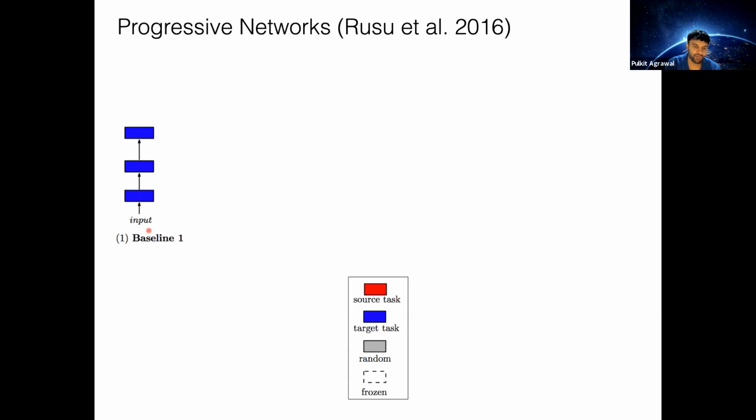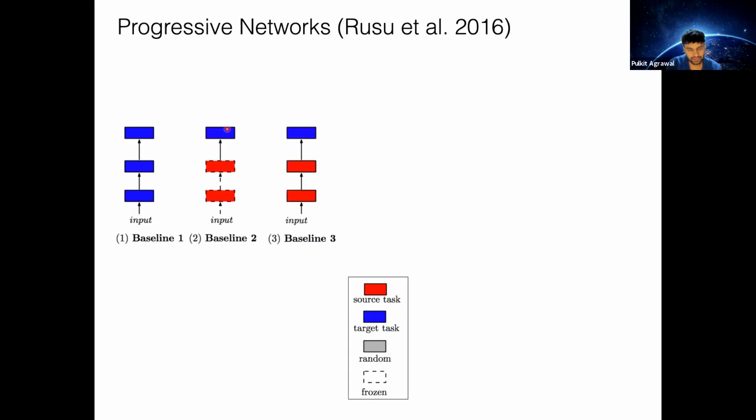This is a 3-layer network. The simplest baseline that we can construct is to get a network from scratch and train all the layers for the target task. A second baseline, as we discussed before, is where we have a source network, but we freeze the layers. All the dashed layers are frozen, and we tune only the last layer. Or we could tune all the layers, all the source layers and the target layer.